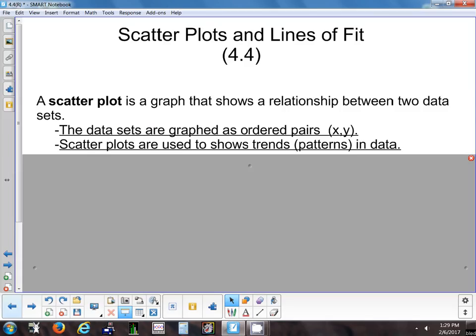But let's say you had a table of data that had thousands of columns in it. That's just so many numbers that it's really hard to see if you have a pattern. So a lot of times when you have that much data, it's so much easier to look at a picture if you're trying to find a pattern than to look at a table with a bunch of numbers.